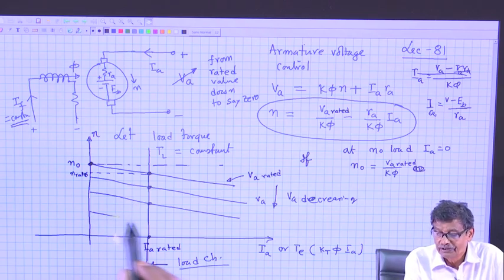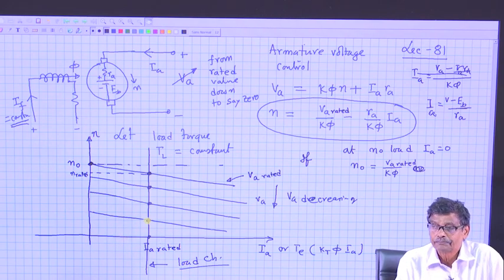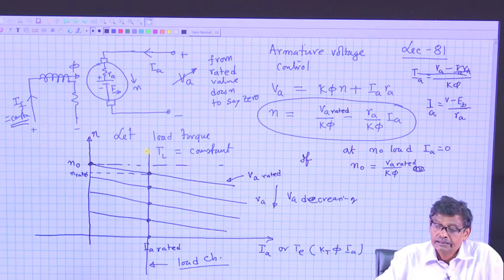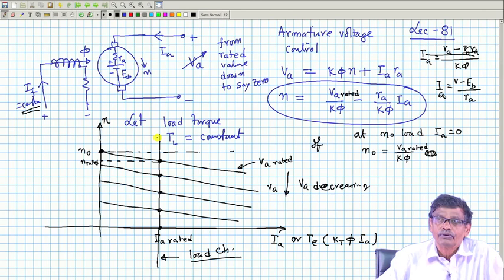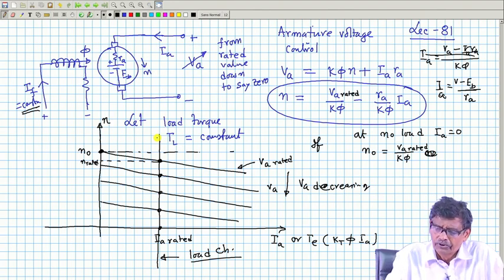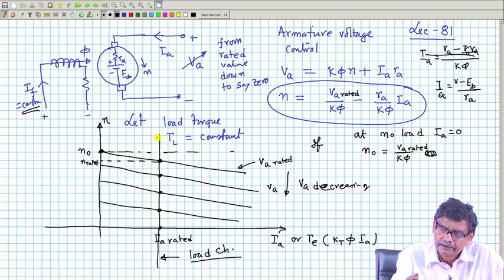Further reduce the voltage, it will be like this. Got the point? Similarly, you can run the same motor supplying a constant load torque at various speeds, and the machine will continue to draw rated current and it will run at different speeds.